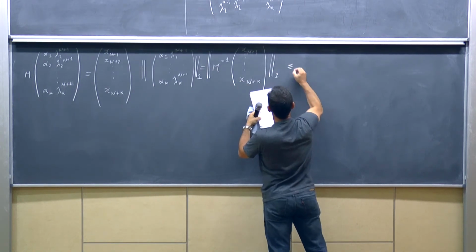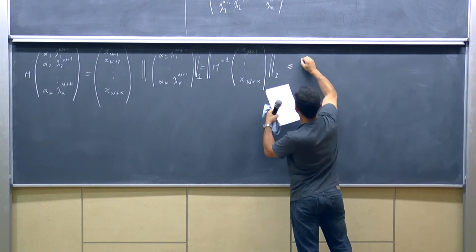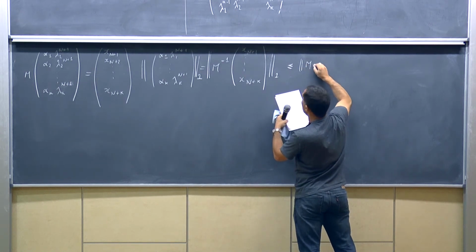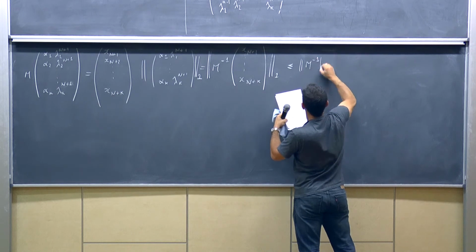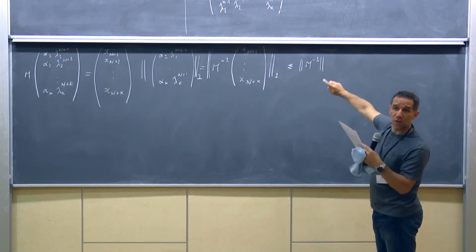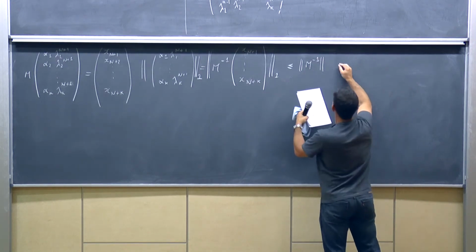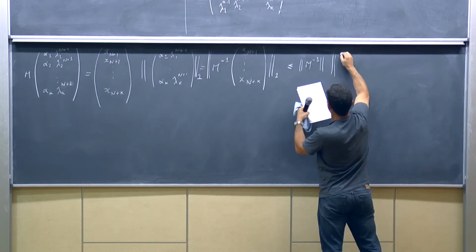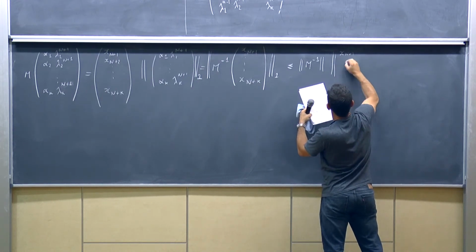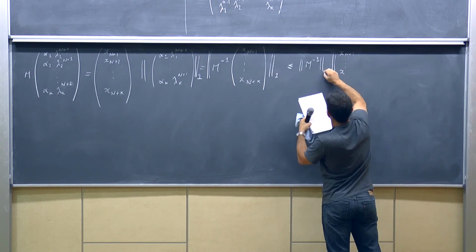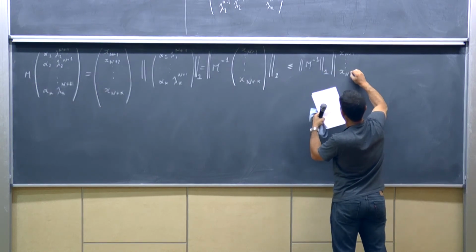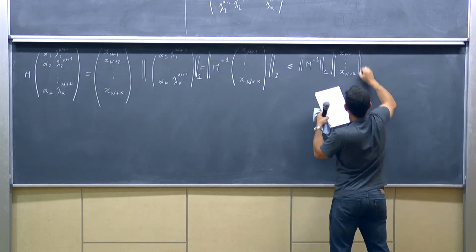And this is less than or equal to, by the property of the one norm, the one norm of M, which is simply the sum of the absolute values of the coefficients of M, times the one norm of (x n plus 1 up to x n plus k).